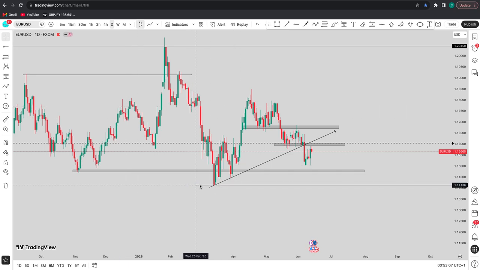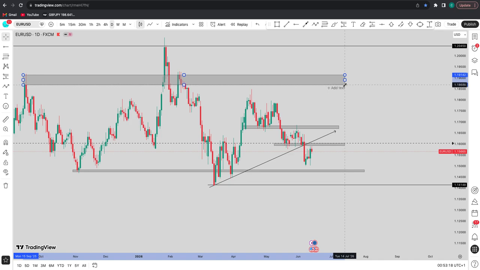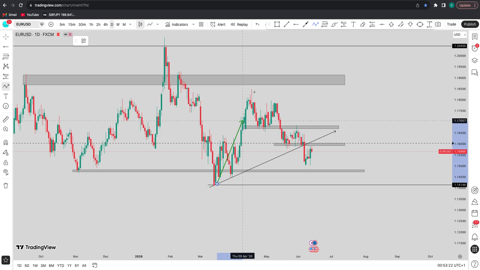This was the last daily low. When the market broke out from this level, I would have loved the market to tap back into this particular level. This is where I would have loved this market to start selling from, like this. But the market refused to tap into this zone.